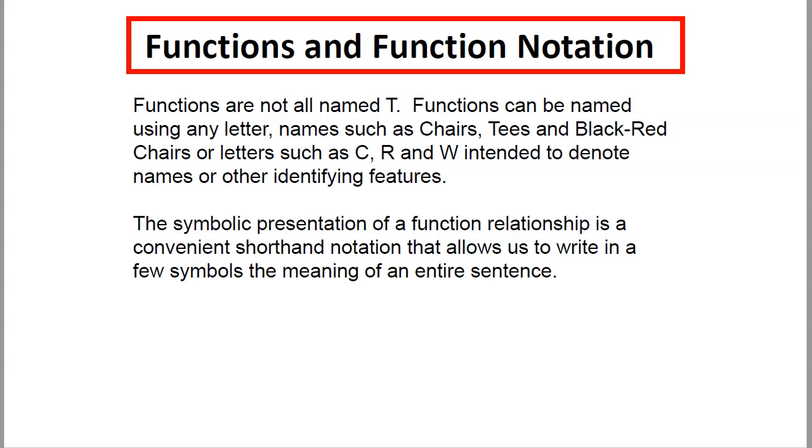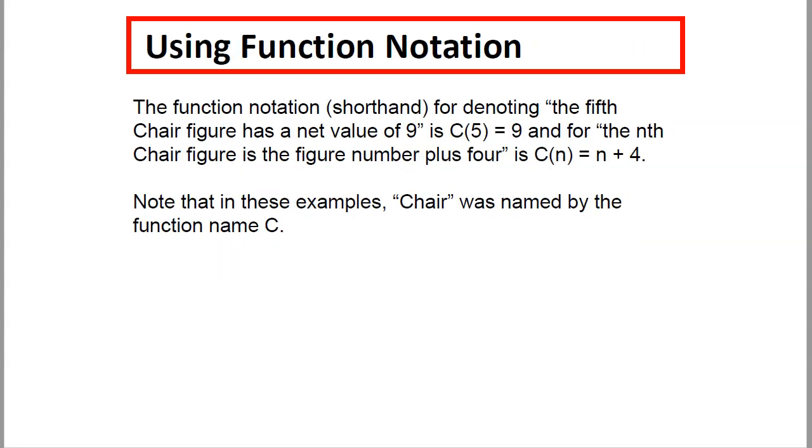Functions are not all named t. Functions can be named using any letter or names such as chairs, t's, black-red chairs, or letters such as c, r, or w intended to denote names or other identifying features. The symbolic presentation of a function relationship is a convenient shorthand notation that allows us to write in a few symbols the meaning of an entire sentence.